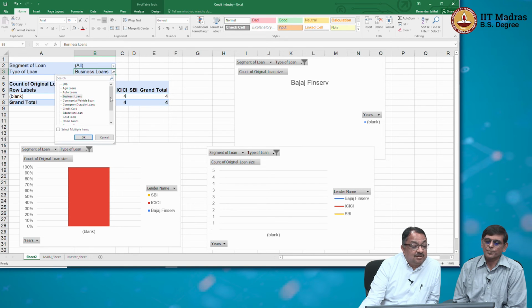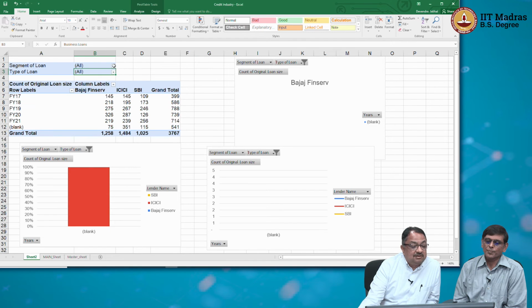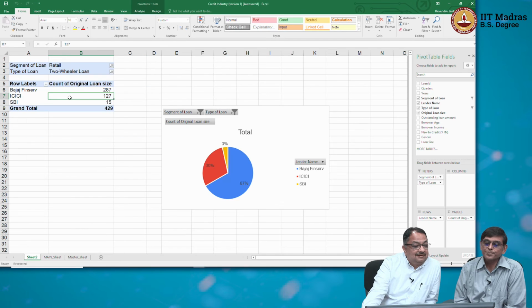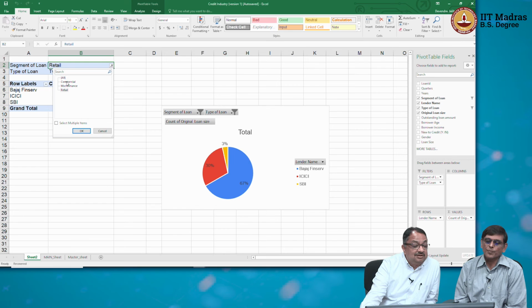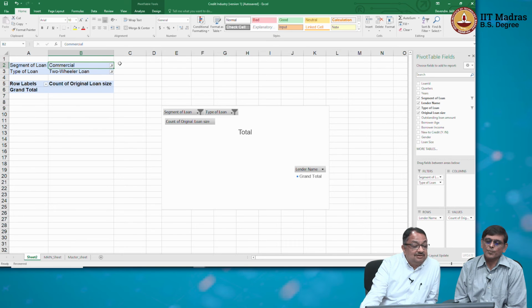No, I know what the issue is. I should select all and then just filter here. It died, I think. So what did we want? If I could do commercial loans and remove two-wheeler.